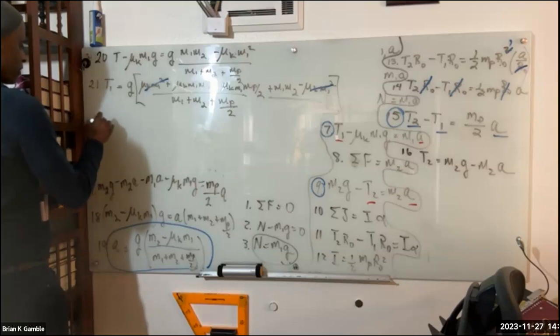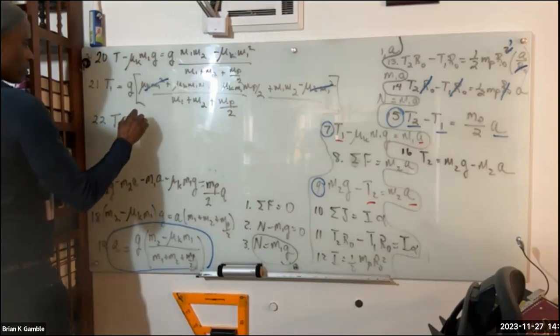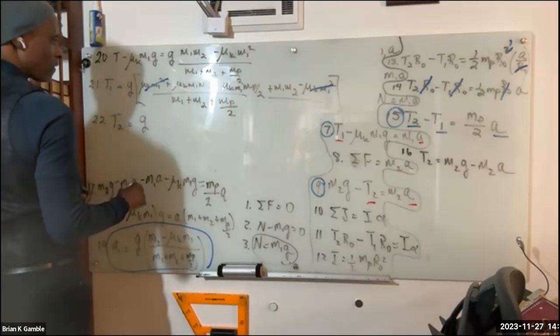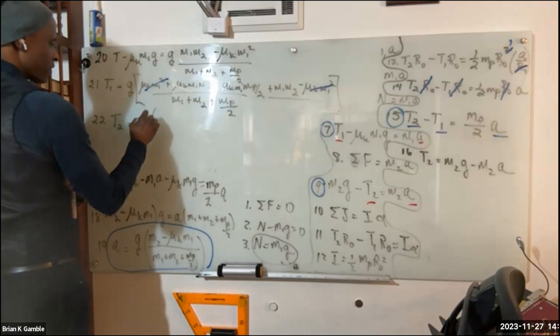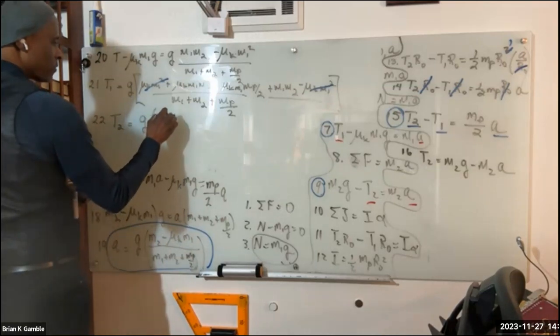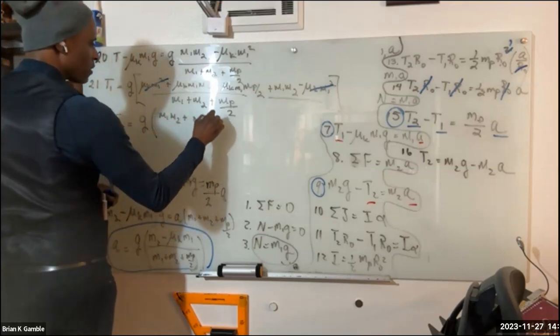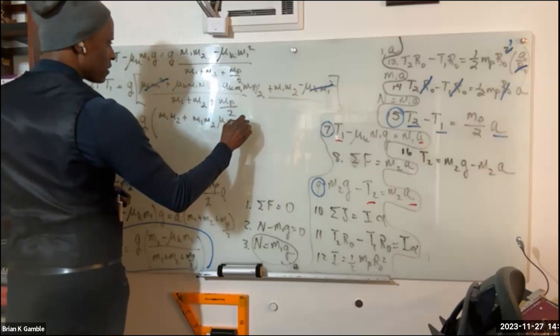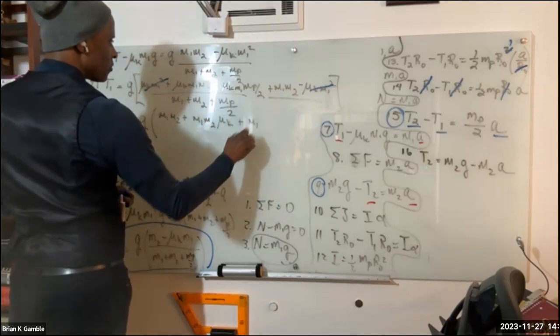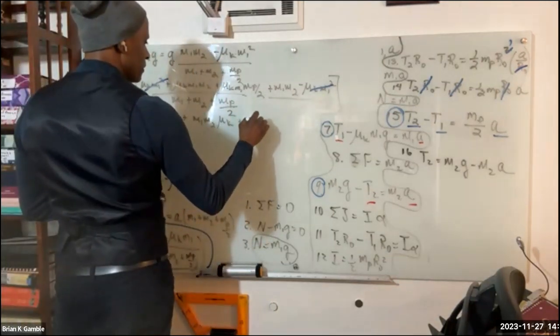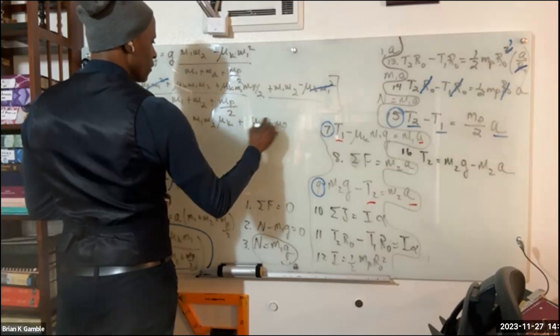So, we can simplify this 22. Yeah. So g times, well, what we have left is m1 m2 plus m1 m2 mu k plus mu k m1 mp over 2.